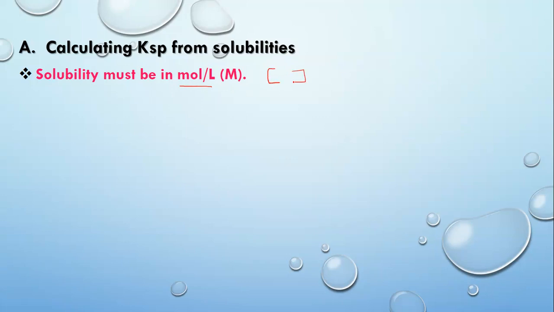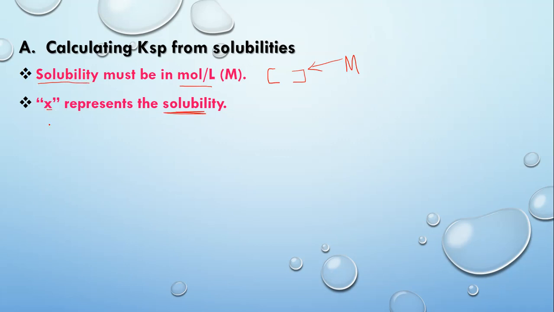Those square brackets always mean molarity, not molality, not just moles, not grams per liter. It's always moles per liter. So be very, very careful about that. Units are always important. Now, in your ICE table or your RICE table, when you look at your shift, X represents the solubility. So if the problem is asking for solubility, that means you're solving for whatever the X is in your ICE table.